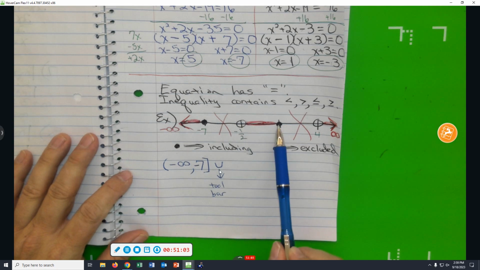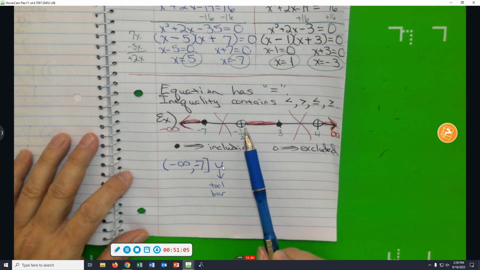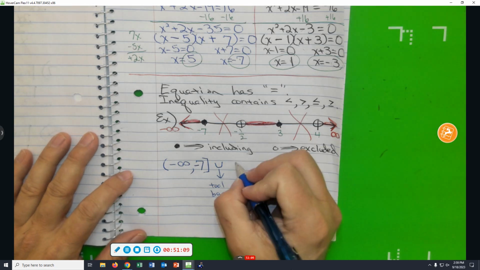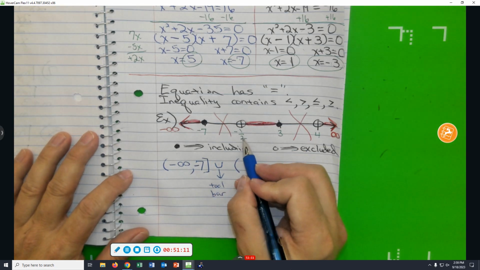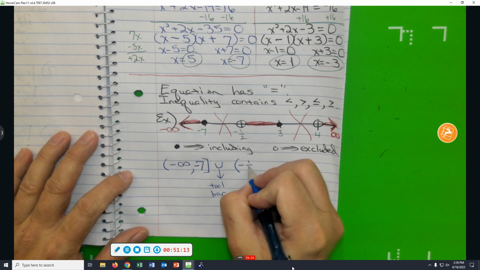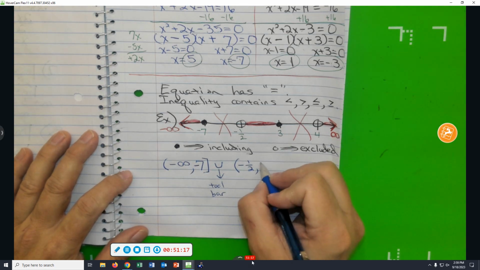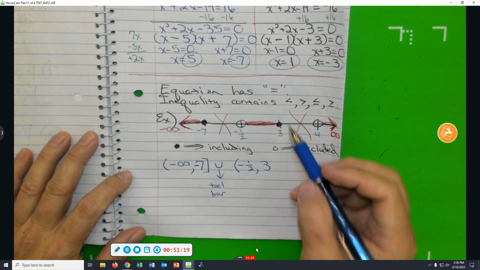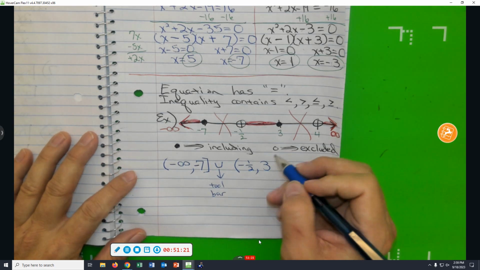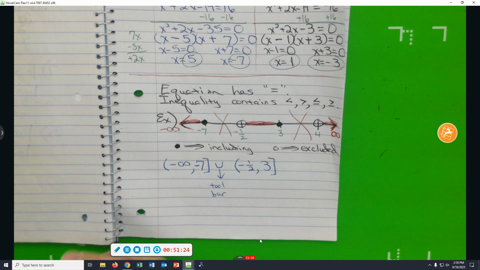Now, let's look at the second shaded interval. It starts off with an open circle. That's a parenthesis. The left-hand endpoint is -1/2, comma. The right-hand endpoint is a 3. It's a closed circle, so we'll put another bracket.